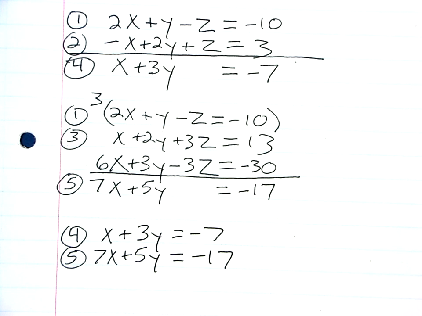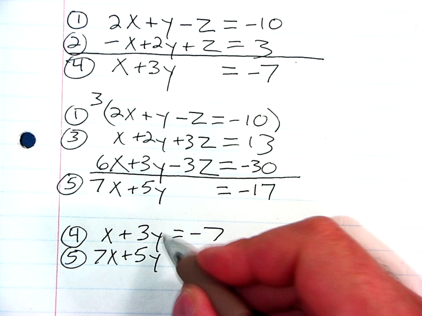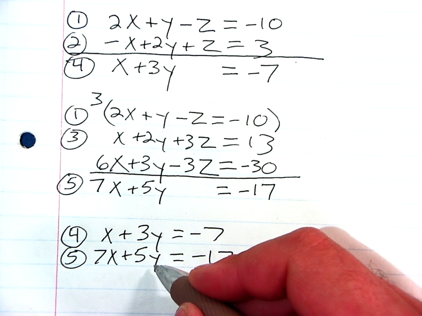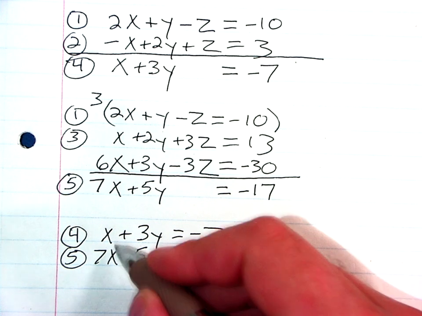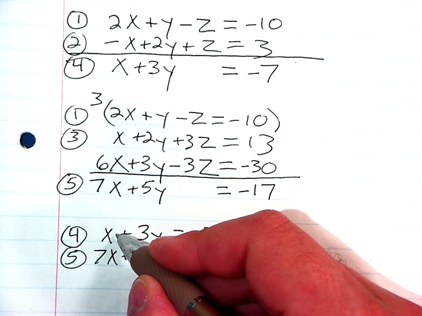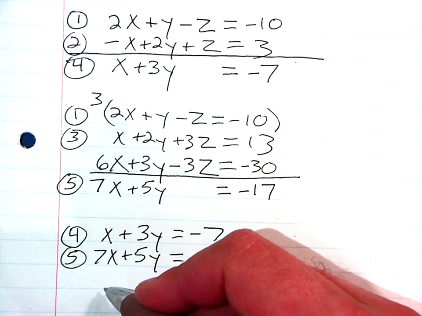And now we're going to do what we've done for the past 2 weeks, or week and a half. Is it easier to get rid of the x or the y? Well, if we get rid of the y, we're going to have to multiply the top line by 5 and the bottom line by -3, correct? We could get rid of the y's if we wanted to, or we could just multiply the top line by -7 and then our x's go away.